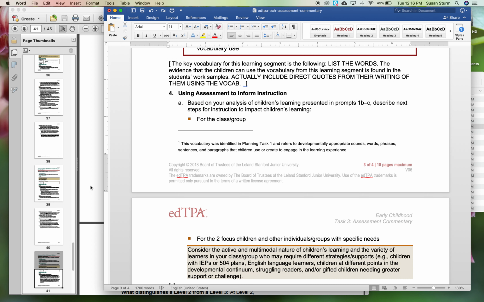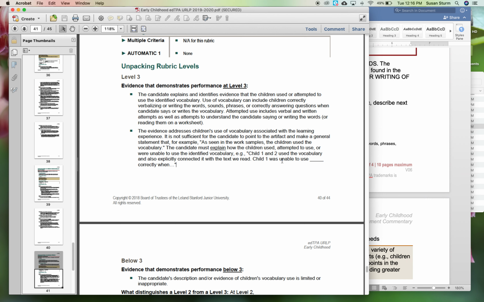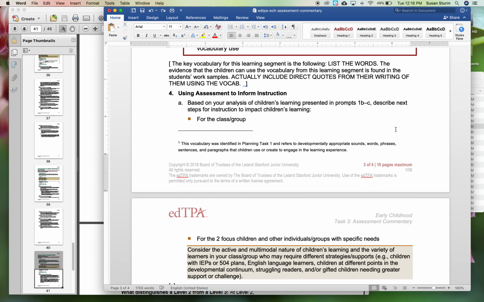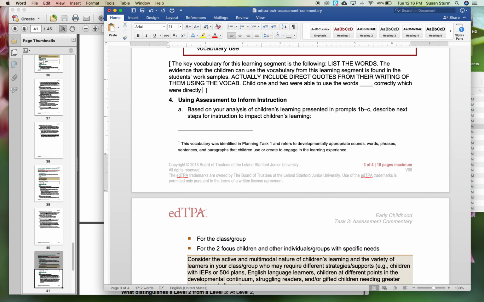Okay, so remember that you have to come back here. Child 1 and 2 used the vocabulary and also connected it with the text we read. Child 1 was unable to use. So you can say, Child 1 and 2 were able to use the words blank correctly, which were directly from the books we read previously.